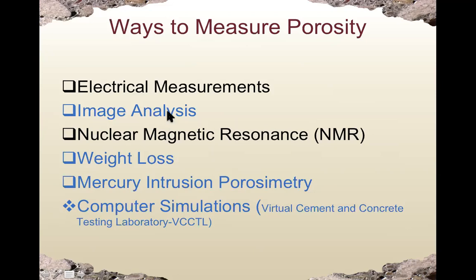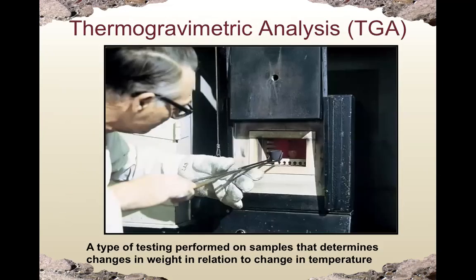simulations. Okay. So at the end of this lecture, we just pick some of these methods to show us how we can measure the porosity and other property of concrete. Okay. This method is called thermogravimetric analysis, or TGA method.